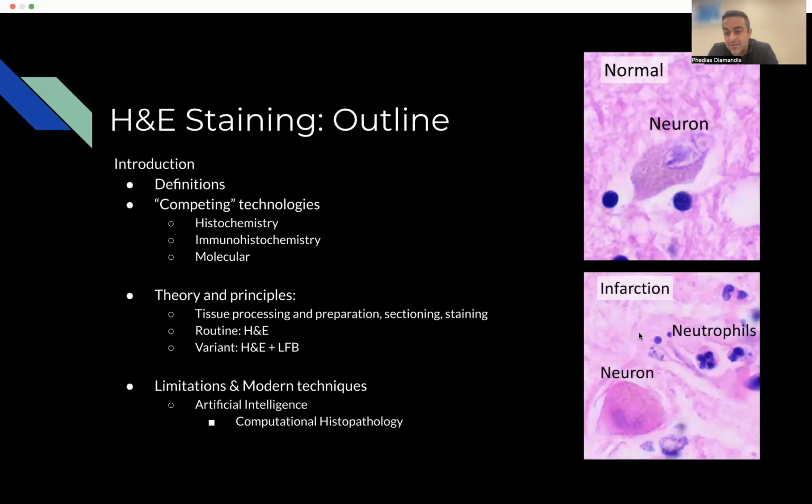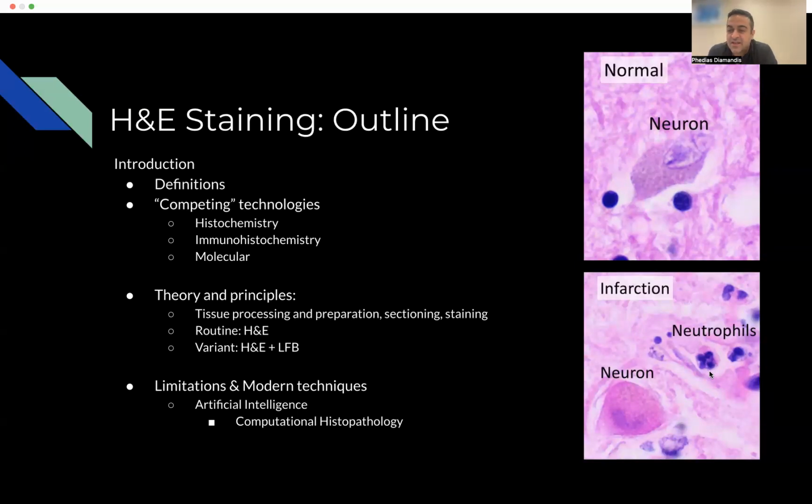And then here in the infarcted brain tissue, we see that the neuron has completely lost its resolution of its nucleus. It's become pink. We can't make out many of its internal structures. And then there's a number of infiltrating neutrophils with these multiple lobes that indicate that this tissue is dying.